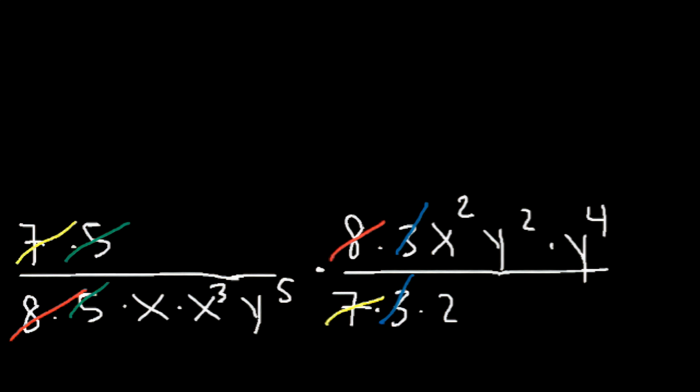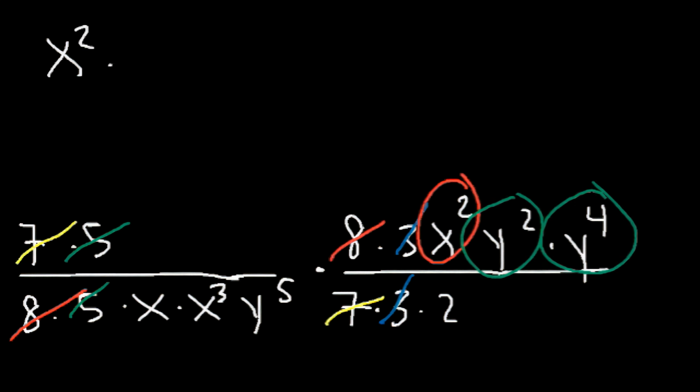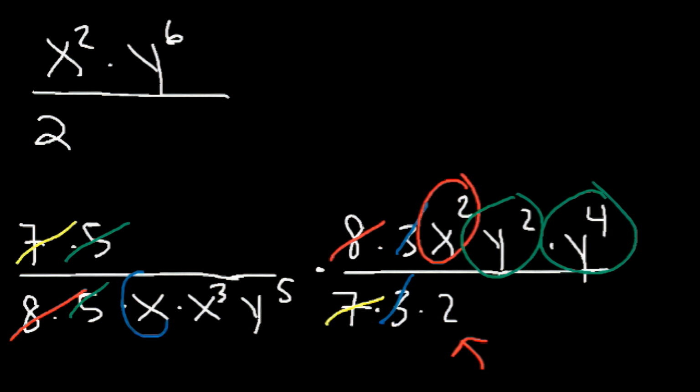So on top, we have an x squared, y squared times y to the 4th, 2 plus 4 is 6, so it's y to the 6 on top. On the bottom, we have a 2, we have x times x to the 3rd, which is x to the 4th, and we also have y to the 5th.